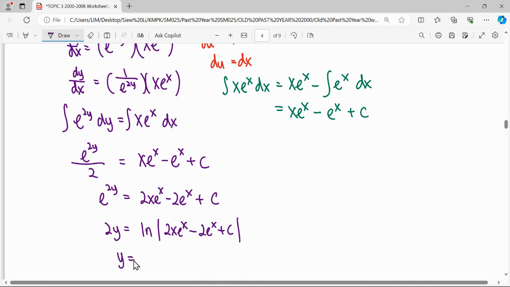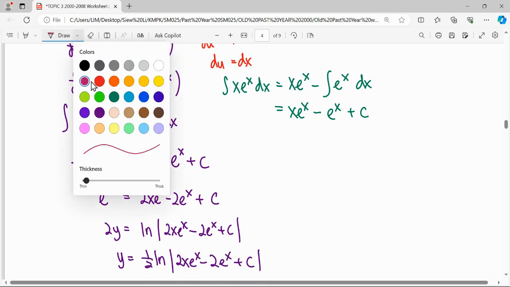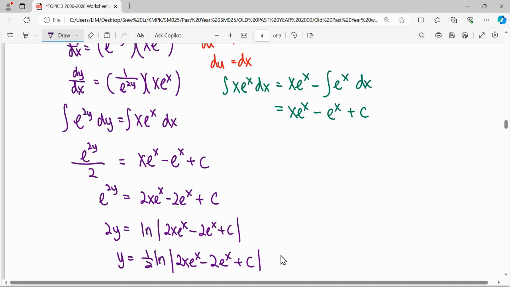Finally y is 1 over 2 ln of this term. Then we continue to the particular solution, where what we have here is the general solution.